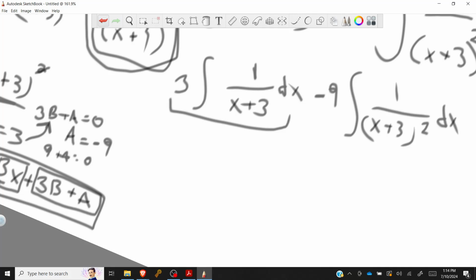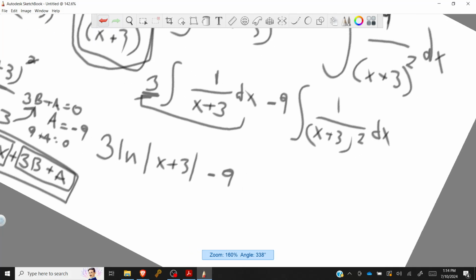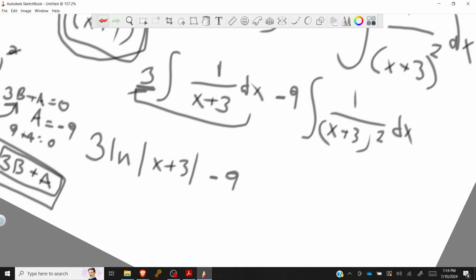So this first part is going to be 3 times the natural log of x plus 3, minus 9 times the integral of 1 over x plus 3 squared.